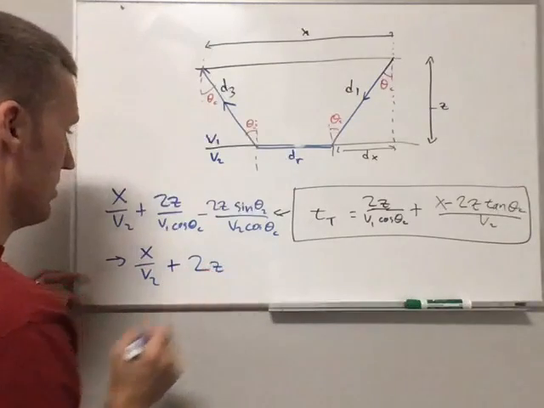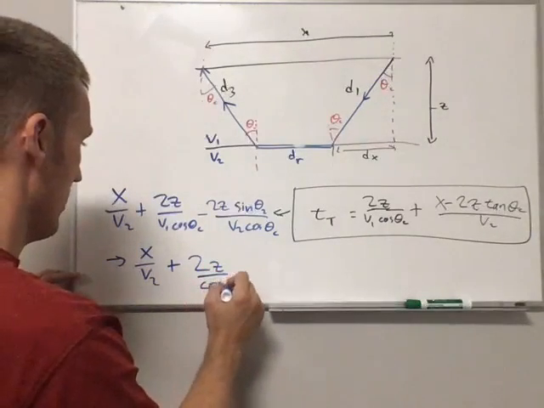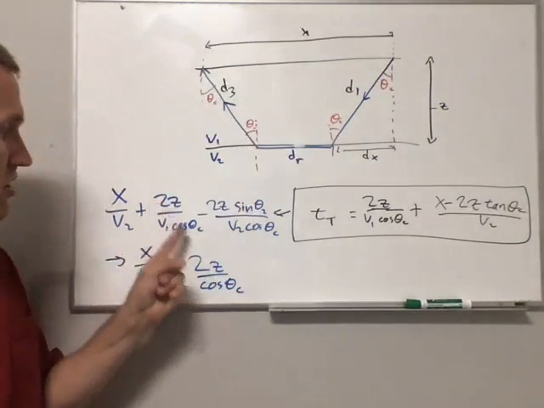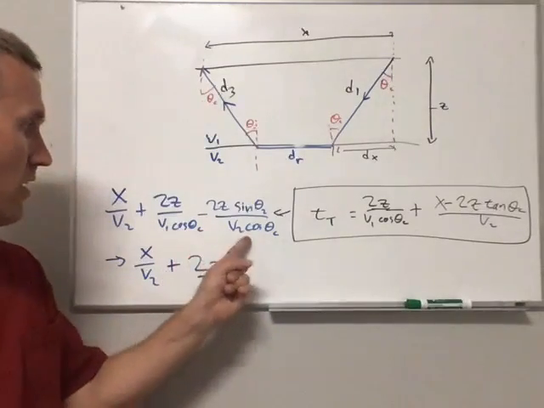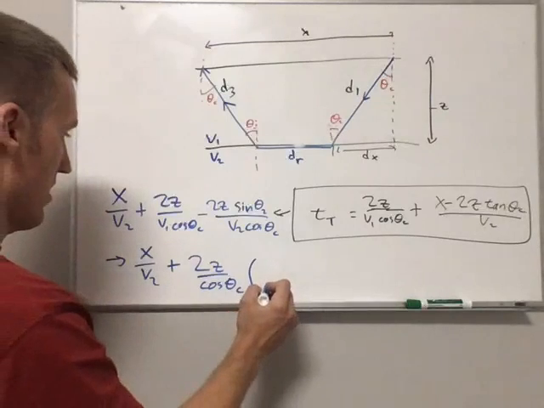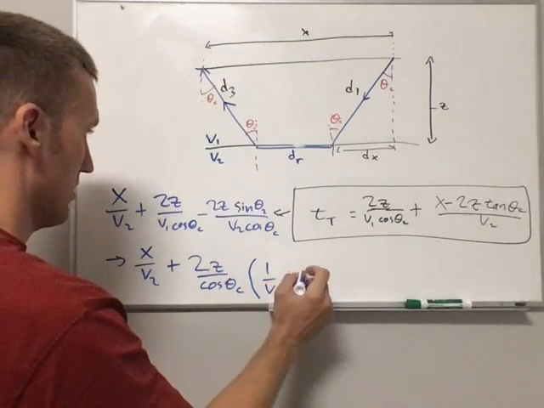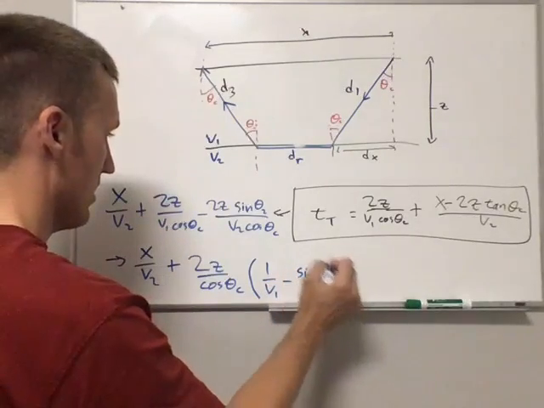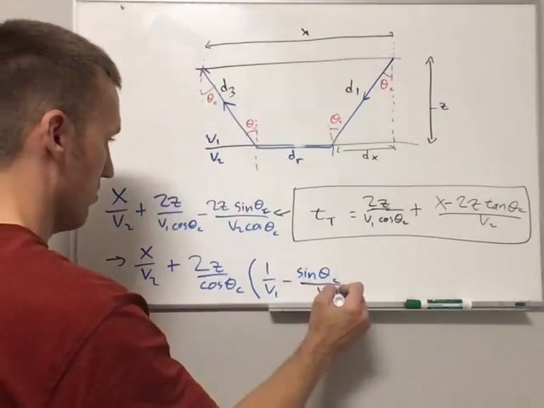Plus 2z divided by cosine theta c. So we're just going to take the 2z over cosine theta c that's in each one of these two expressions and pull that out. So we'll need to add some parentheses here. And then we have 1 over v1 minus sine theta c, sorry, that should be theta c there, and v2.